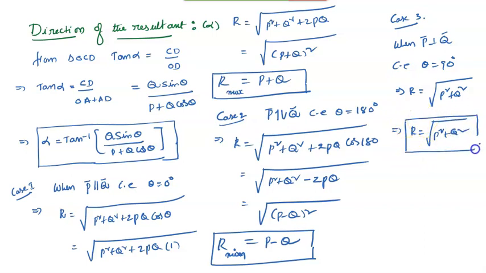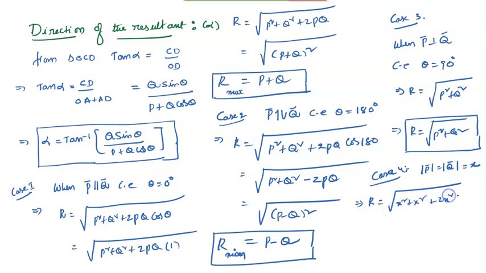So in this way we can write a number of cases, and one more we can write is case 4: if mod P bar is equal to mod Q bar, let it be x. Then the magnitude of the resultant R is equal to root over x square plus x square plus 2x square cos theta. If you take 2x square common, then 1 plus cos theta.